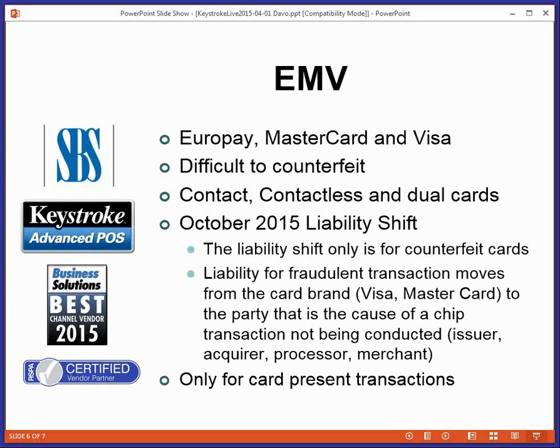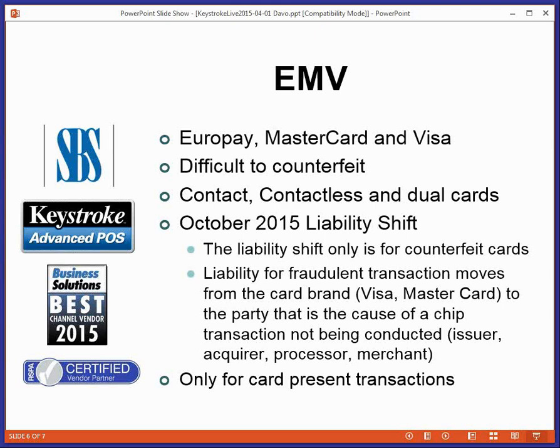Basically what it means is the acquirer or processor is going to hold the merchant liable, because they're being held liable. They pass it down. So if you process with Mercury and they're using Global as the back end, Global is the processor, Mercury is the acquirer, Visa, MasterCard are the card brands.